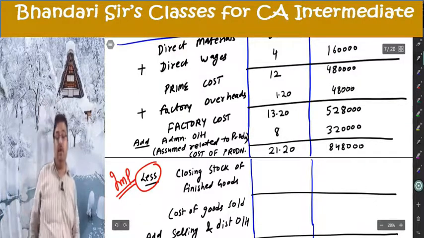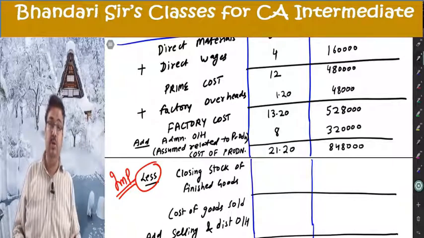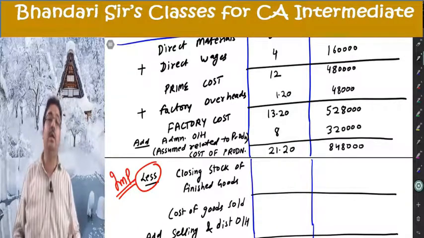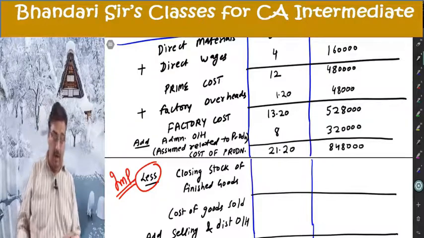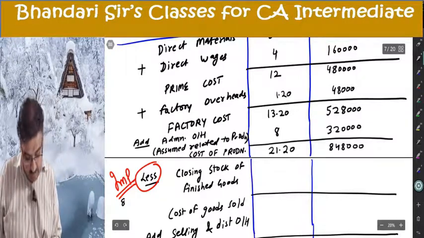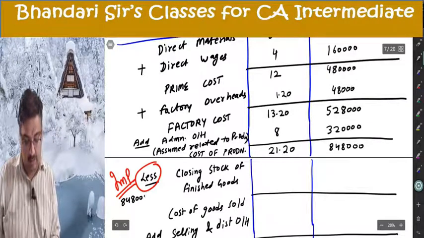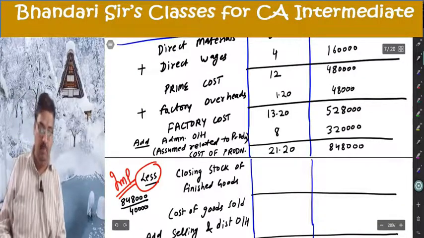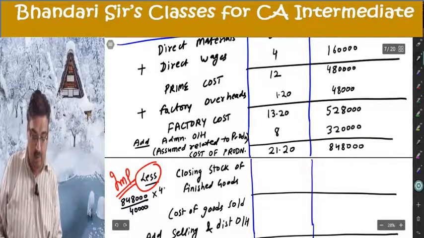Now comes important thing, closing stock of finished goods. That is what we need to compute carefully. 8,48,000 is cost of 40,000 units, per unit 21.20 multiplied by 4,000 units.